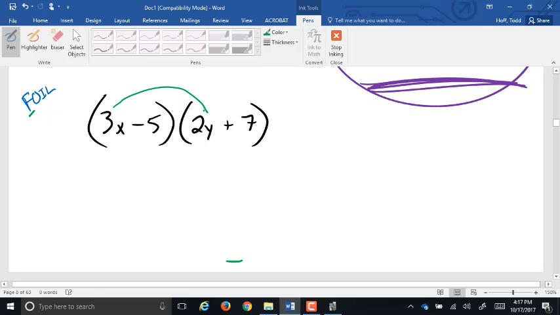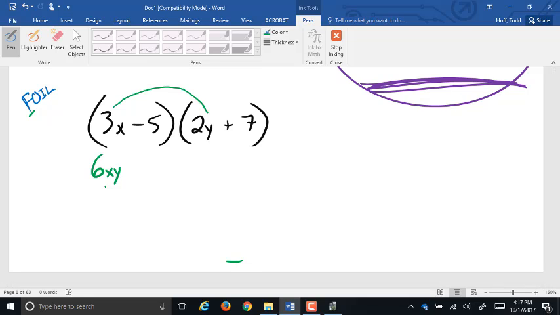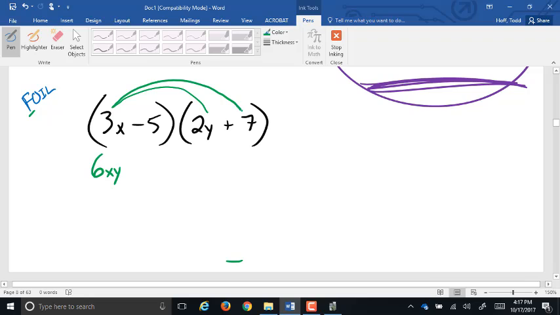3x times 2y, which is 6xy. 3 times 2 is 6. X times y is just xy. What are the next things we multiply? 3x times +7 is going to be positive 21x. 3 times 7 is 21, and we have the x.